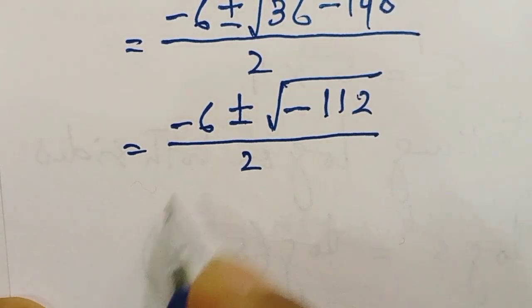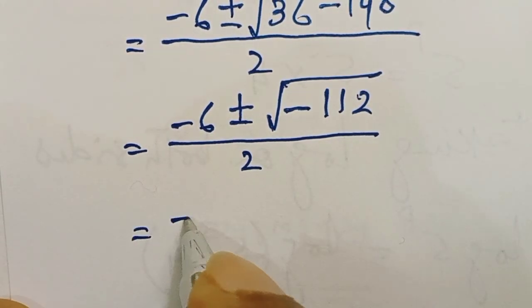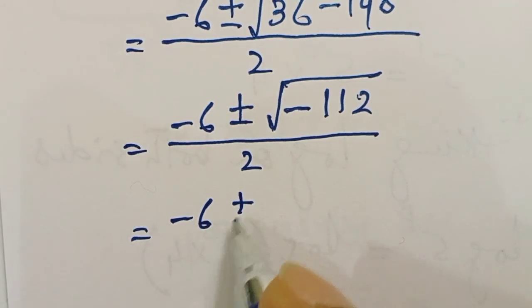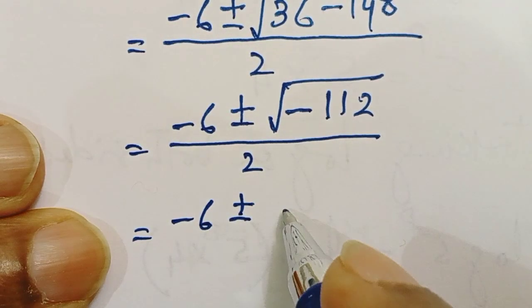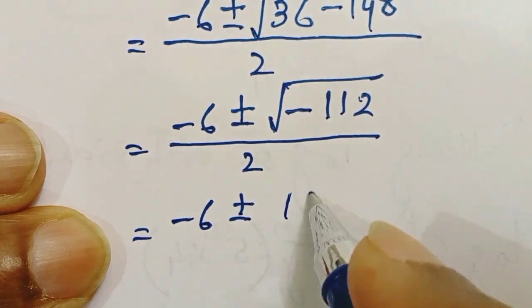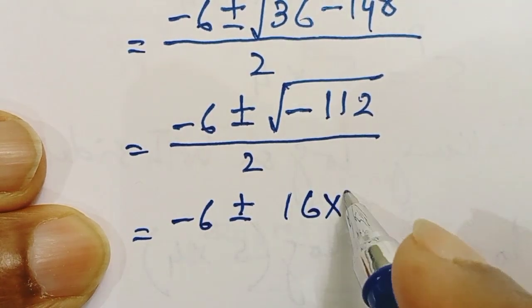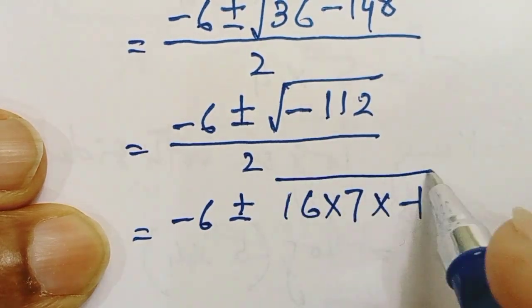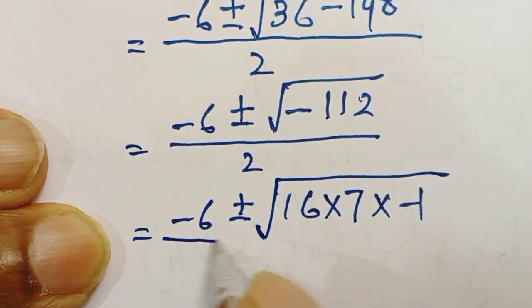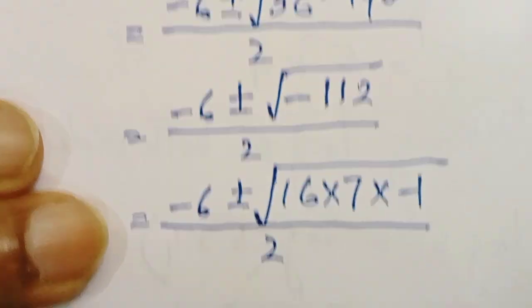So minus 6 plus minus square root of 16 into 7 into minus 1, we distribute it over 2.